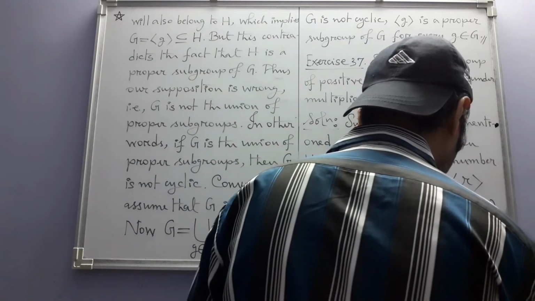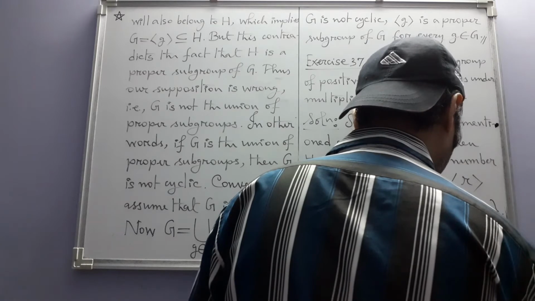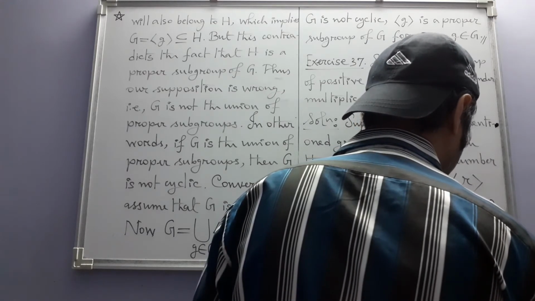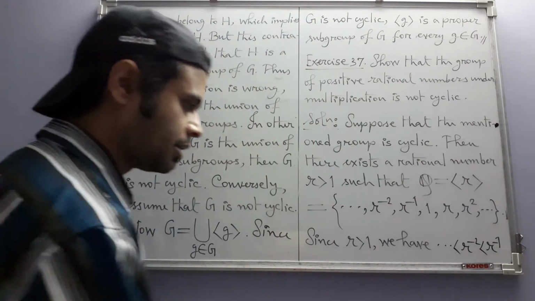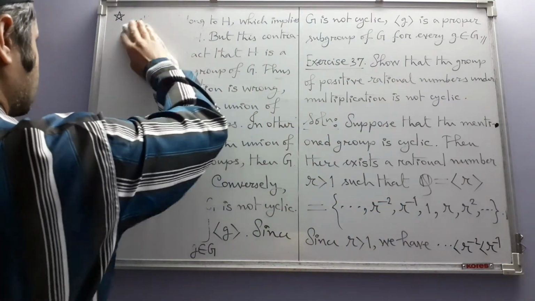That is, we have this is less than r to the power minus 2, which is less than r to the power minus 1, which in turn is less than 1, and so on.